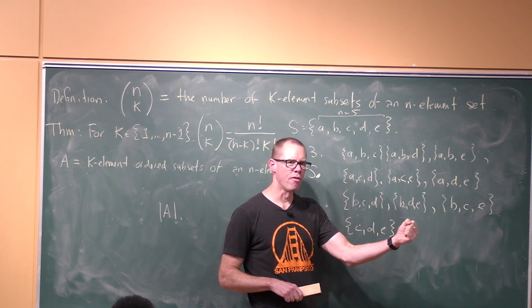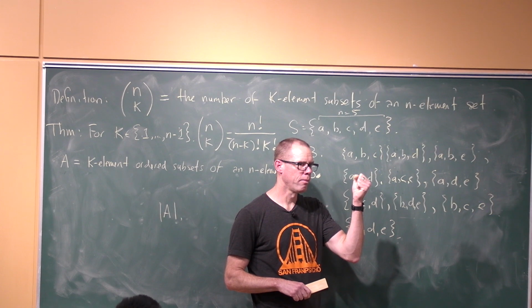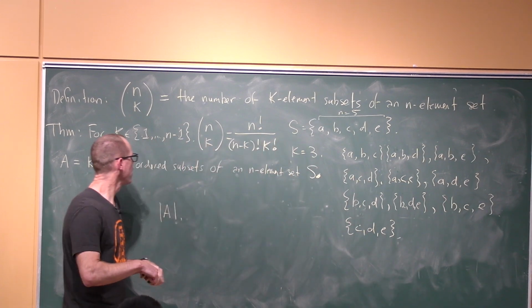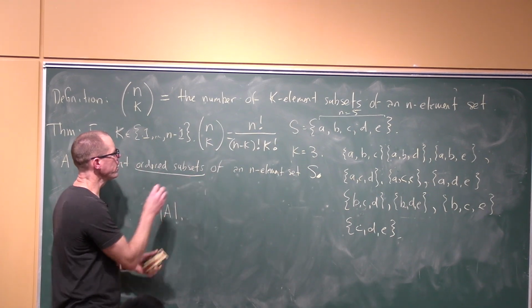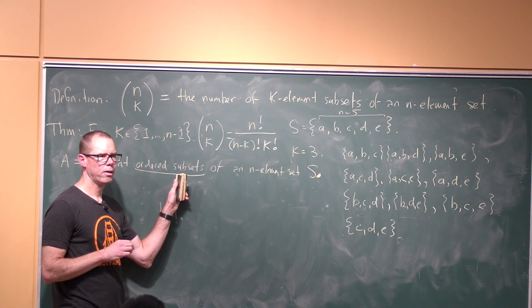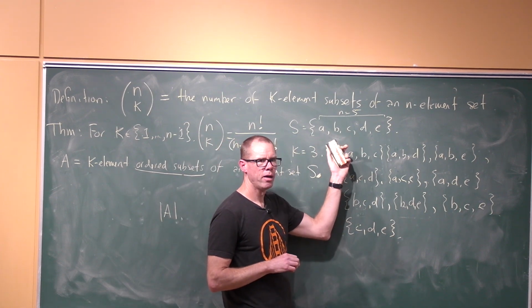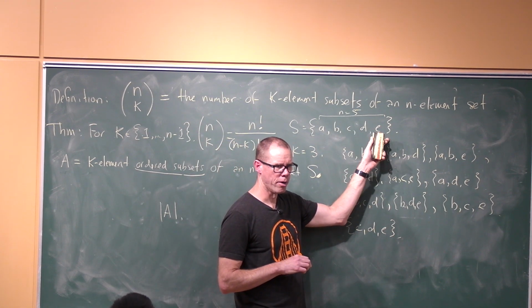How many choices do I have for the second thing? The same? No, this ordered subset means that the same element doesn't appear more than once. Okay. So then I have 4 for the second one, or n minus 1, and then I'll have 3 for the third one.